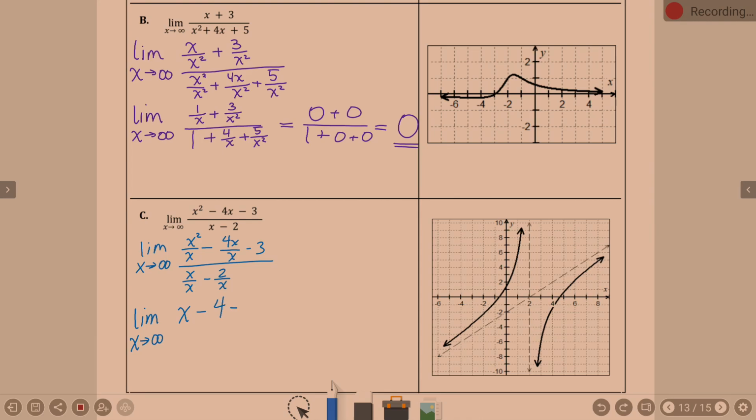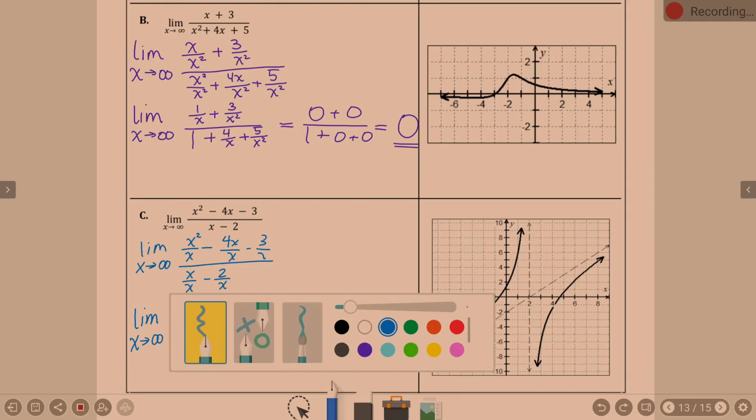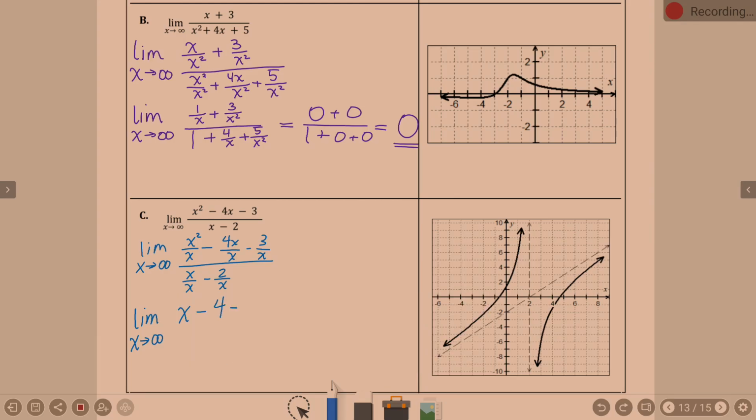Oops. Got to divide him. Okay. Well, I got infinity minus 4, so.